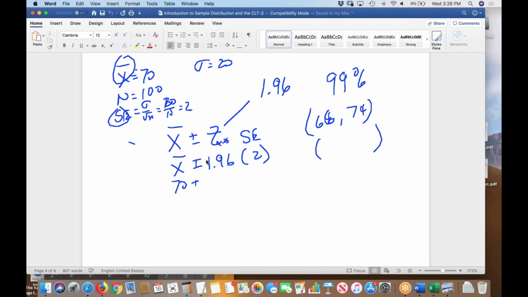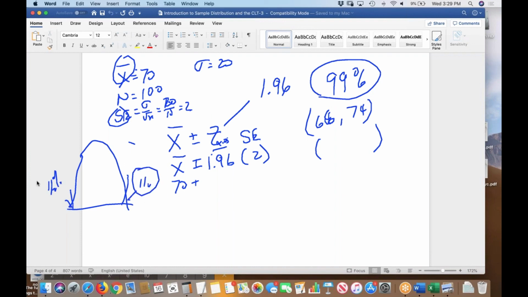What I'm saying is that I want a z value that is so wide that, for instance, with a 99% confidence interval, only half of 1% is in the lower end and half of 1% is in the other end. In other words, only 1% is outside of my range of that normal distribution of sample means.